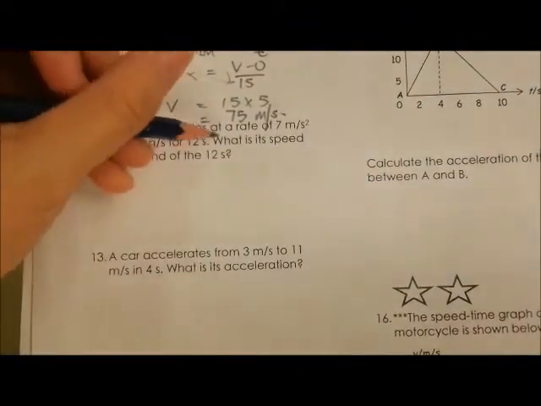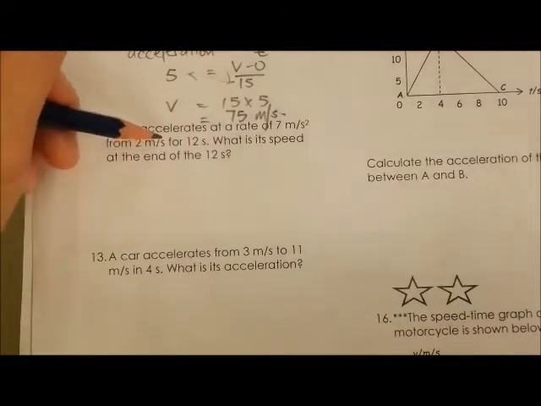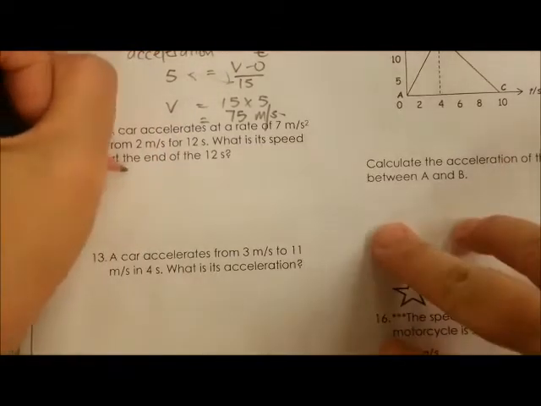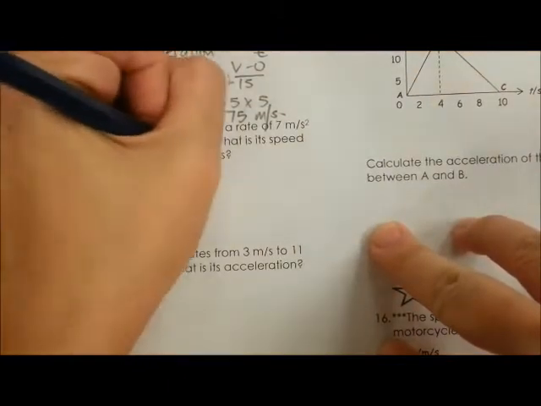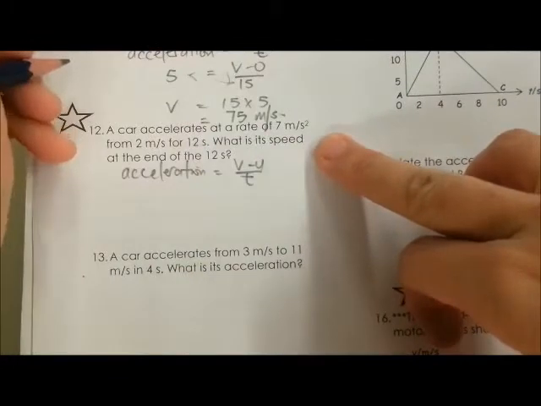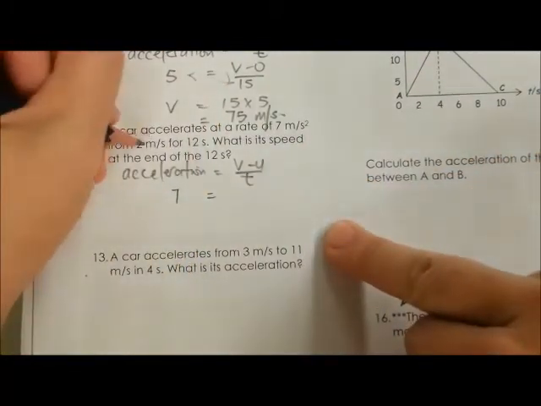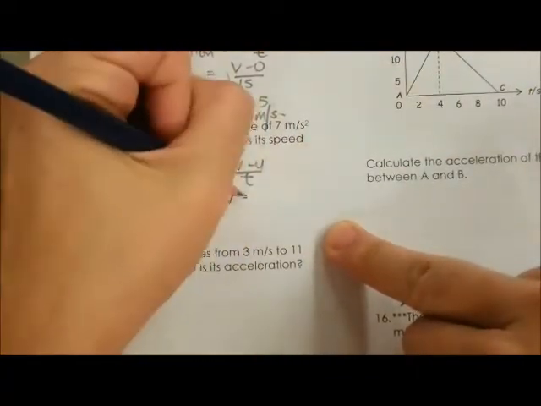A car accelerates at the rate of 7 meters per second squared from 2 meters per second for 12 seconds. What is the speed at the end? Acceleration is v minus u over t. Acceleration is 7. Final speed is my unknown.